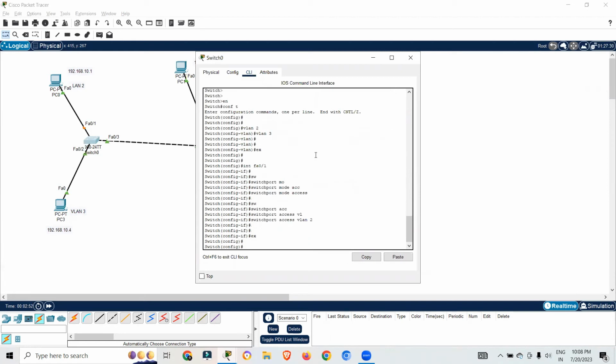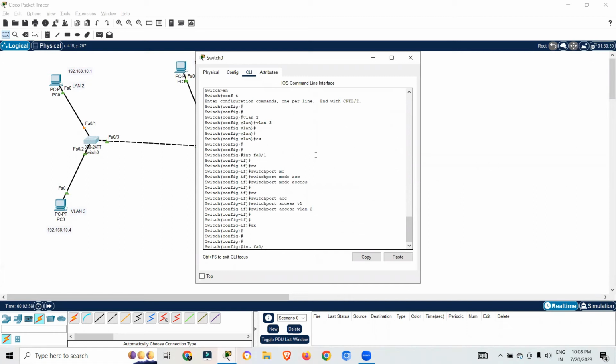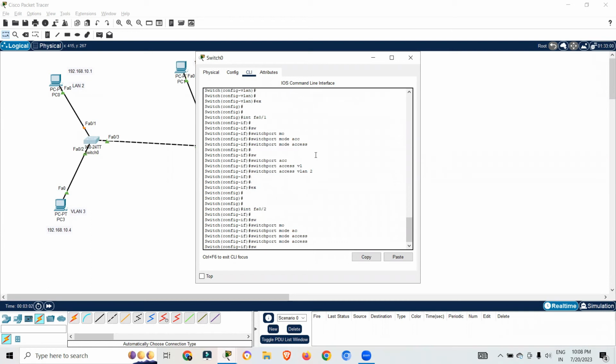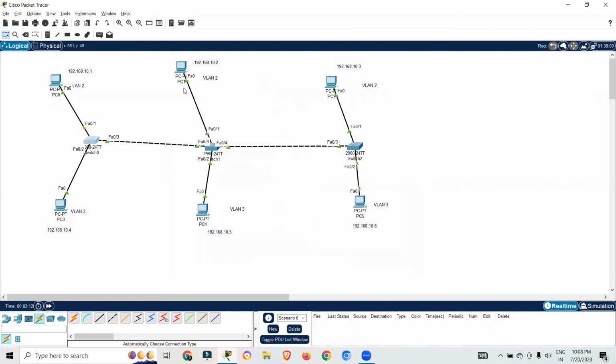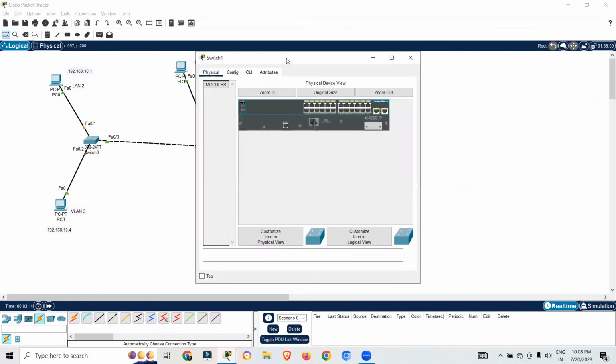Exit, interface FA0/2, switchport mode access, switchport access VLAN, how much? 3. So let me do the same on this switch also.